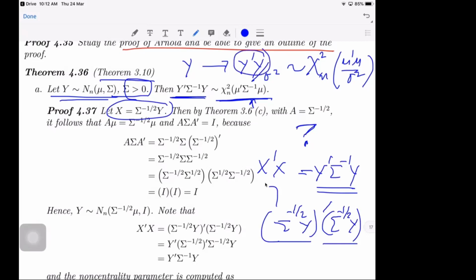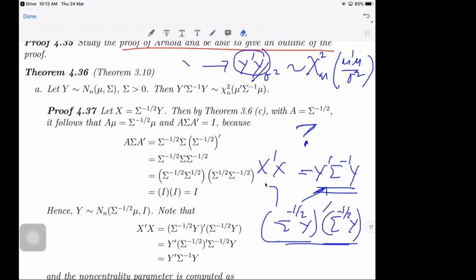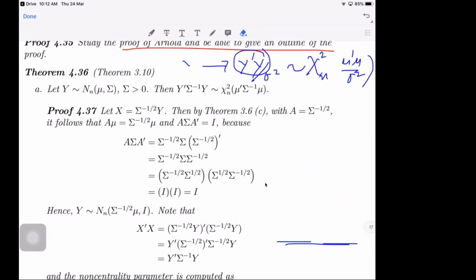So our candidate is sigma raised to the negative 1/2 y, then sigma raised to the 1/2. Multiply them and it becomes y prime sigma inverse y. So this is the candidate for your variable for x prime x, no?